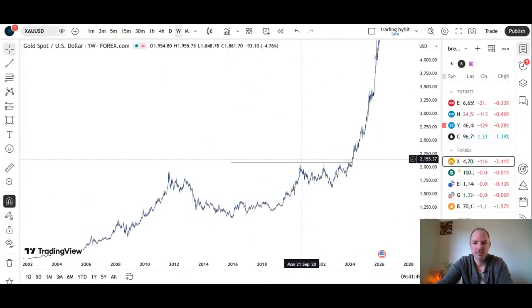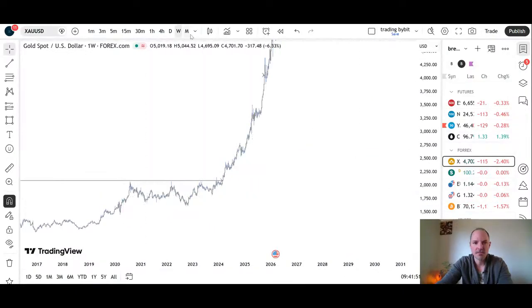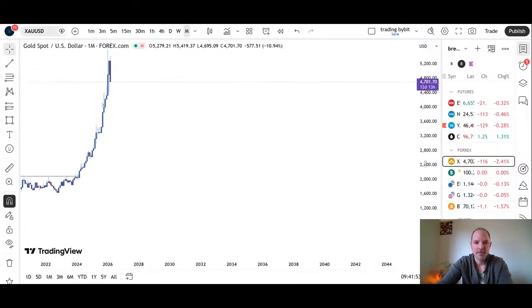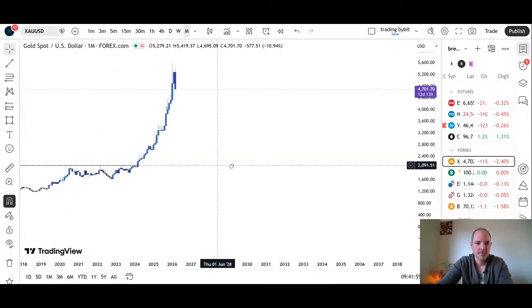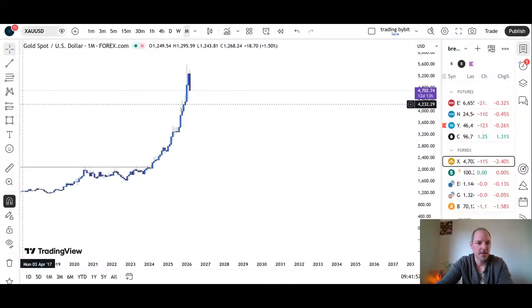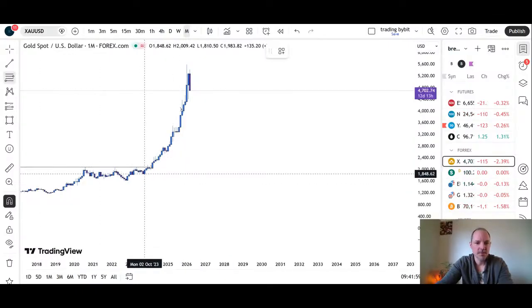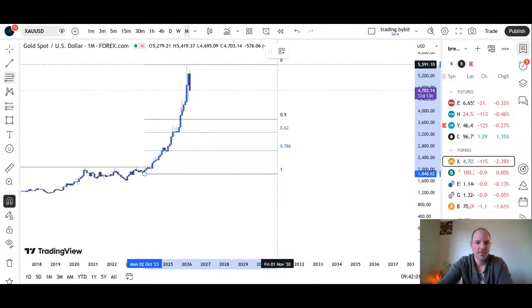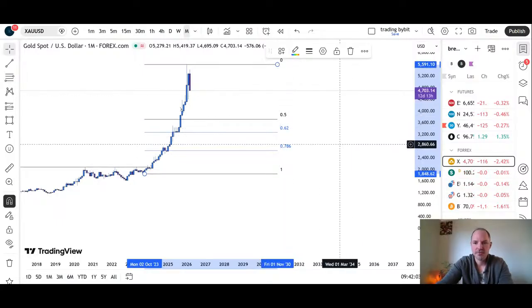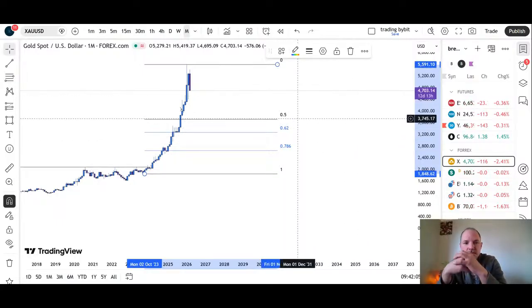So if we had a full break of structure the first time here, let me take monthly. Look, these are months. It never came back. So for me, this was a move. So I see us hit back to 3,700. That would be a very nice place to start accumulating gold if you want to buy gold.